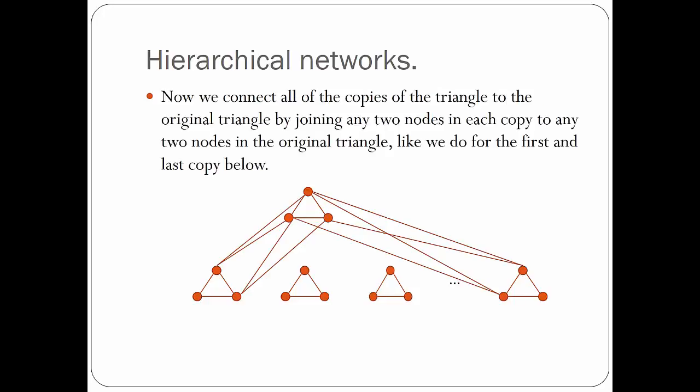Let's define our procedure to be choosing 2 of the nodes in the triangle below and connect each of those 2 nodes to 2 nodes in the original copy. Now I've only illustrated it here for the first and the last, but assume that we're going to do this for every triangle in every copy.